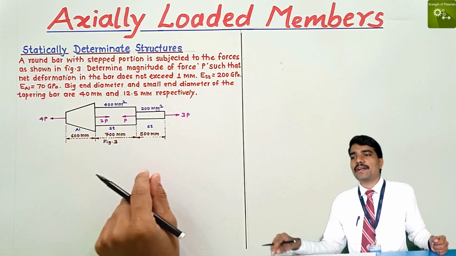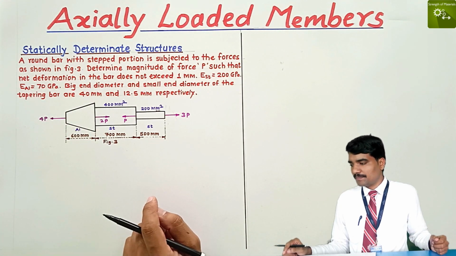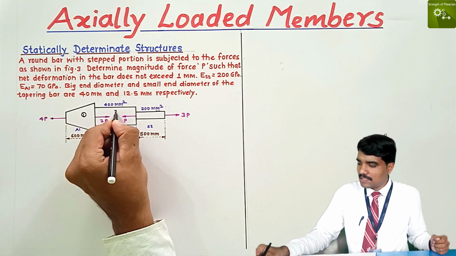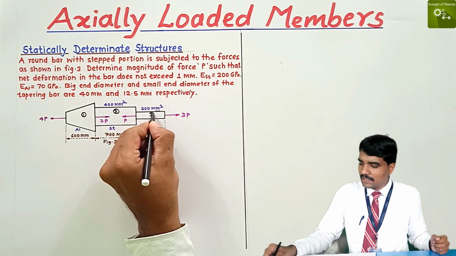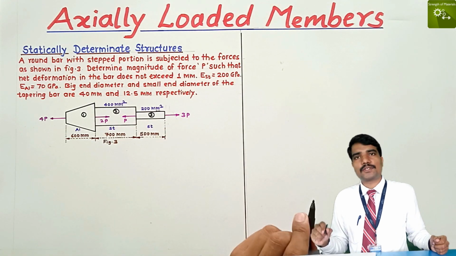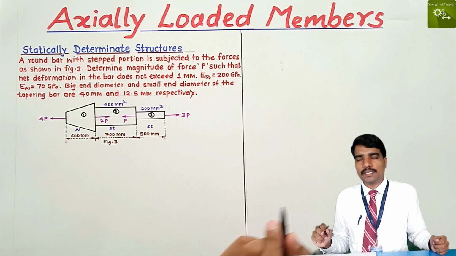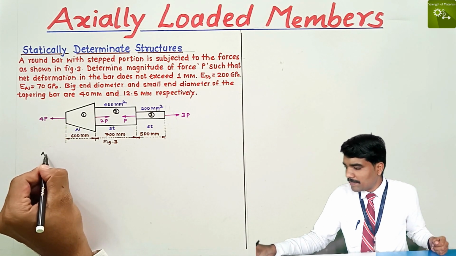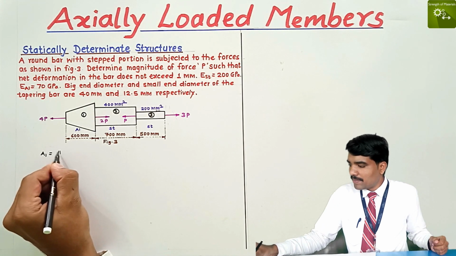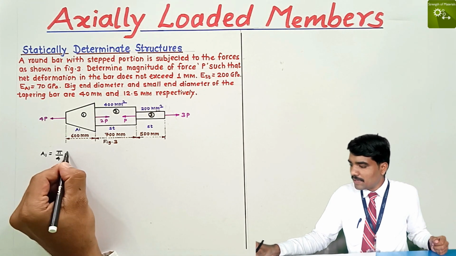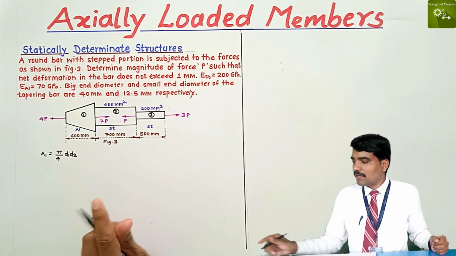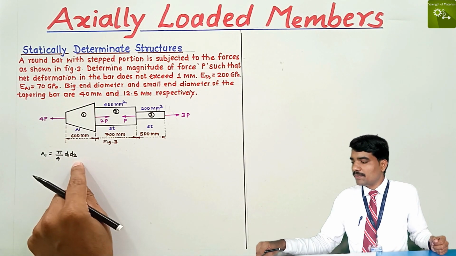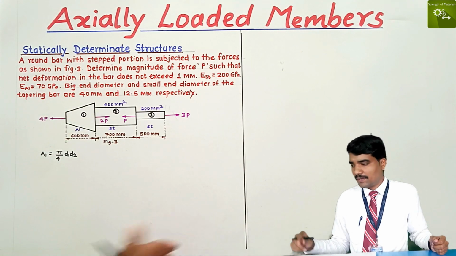So first of all, we find out the area of that taper bar. Let's see, this is the first section, first member, this is second member and this is third member. So first of all, we find out the area of first member. Okay, how to find out the area of taper bar? The formula is pi by 4 d1 into d2. What is d1? d1 is diameter at big end and d2 is diameter at small end.